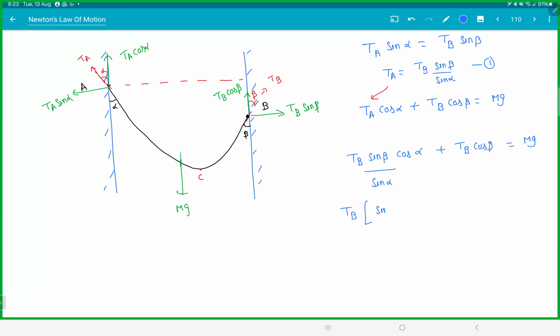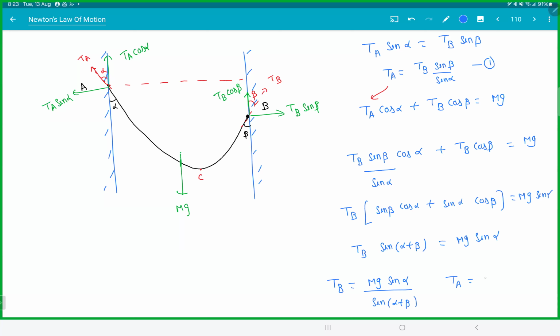This will be sin beta cos alpha. This will be sin alpha cos beta, and that would be mg sin alpha. You can clearly see this is nothing but sin alpha plus beta. That was the formula for sin A plus B. So we'll get TB is equal to mg sin alpha by sin alpha plus beta.